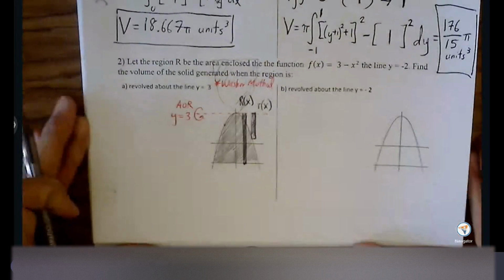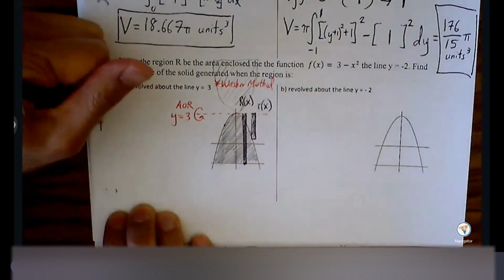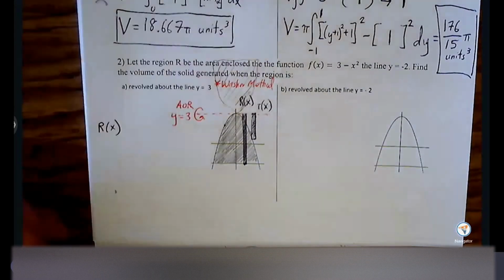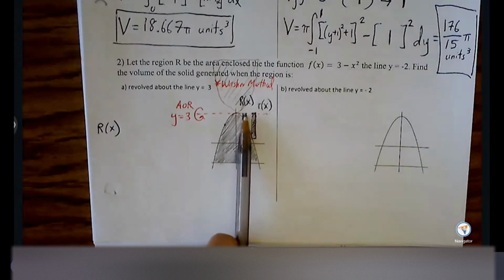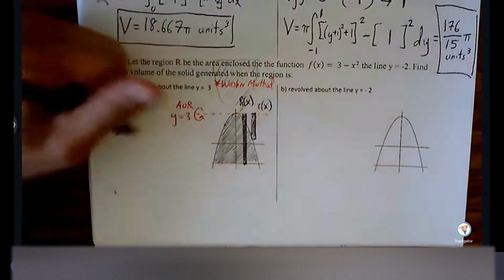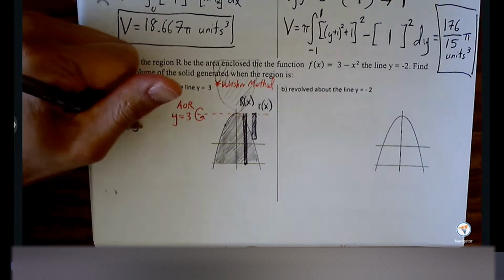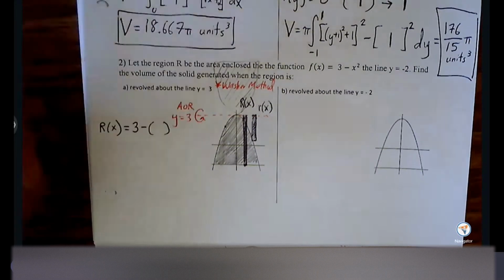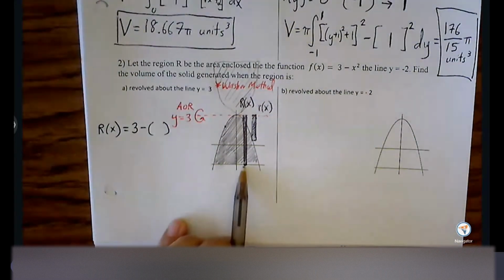Okay, big R. What's the top of big radius sitting on? Or well, the top would be y equals 3. So top is 3 minus parentheses. Always a good habit there. And the bottom, like you said, is -2, right?